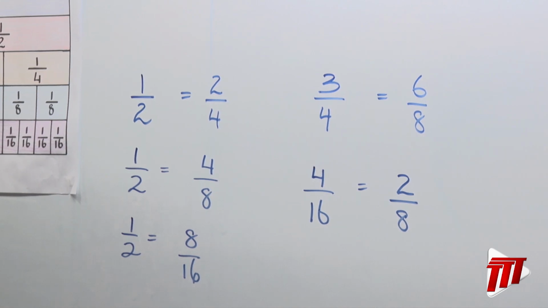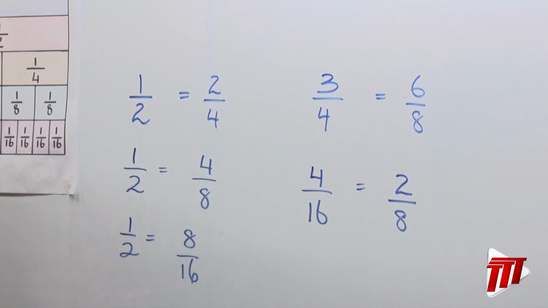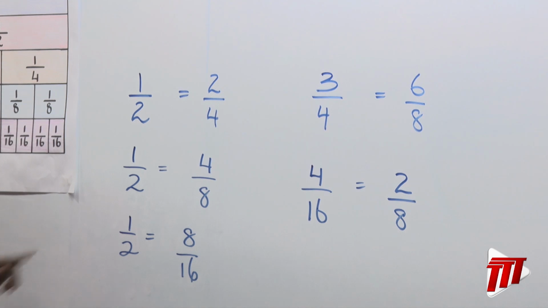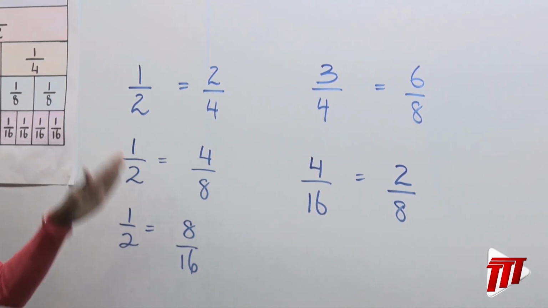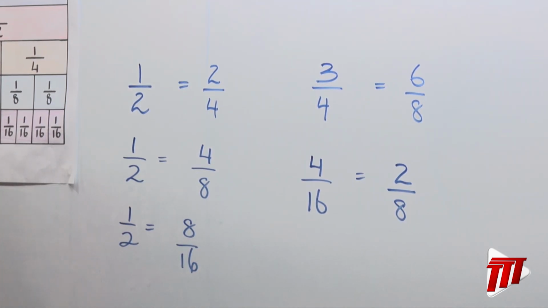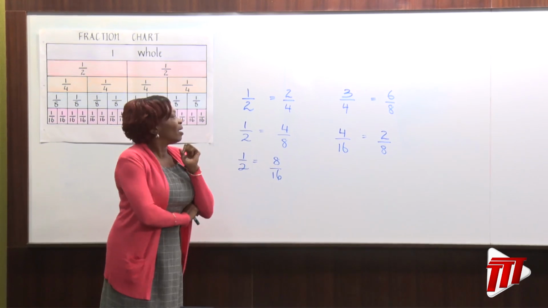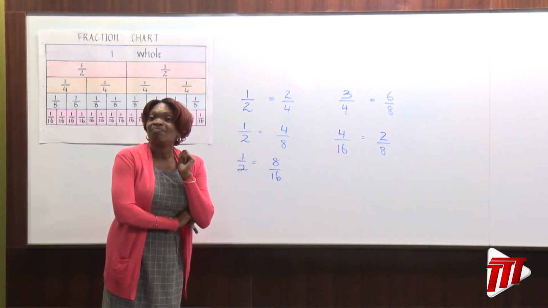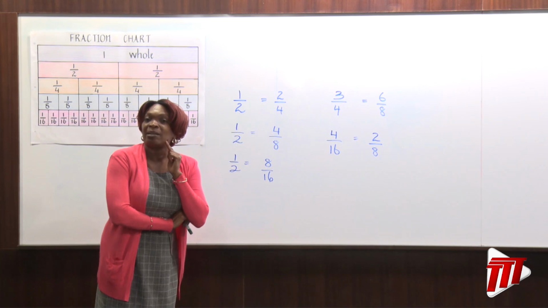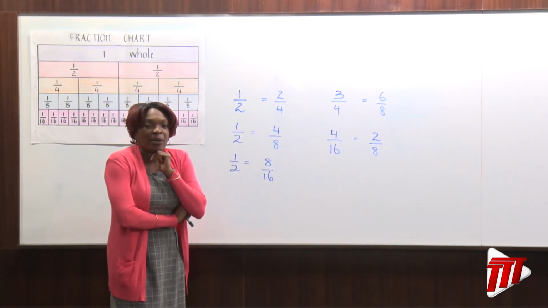Let's look. 1/2 is equal to 2/4, 1/2 is equal to 4/8, 1/2 is equal to 8/16. Let's start with this side first. What if I multiply the numerator and the denominator by the same number? Let's try it.